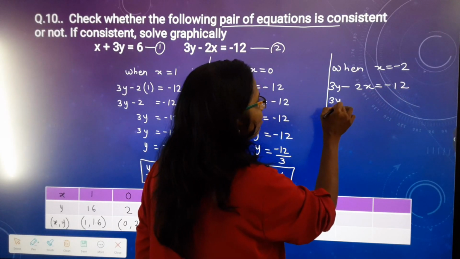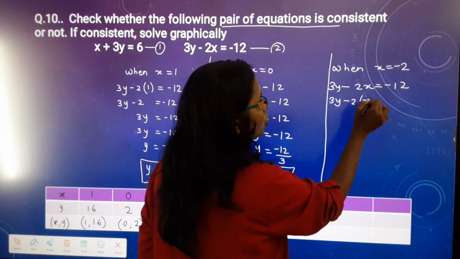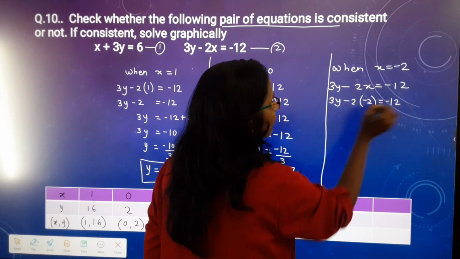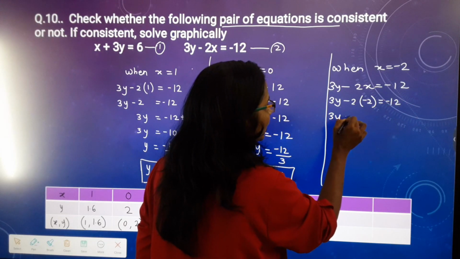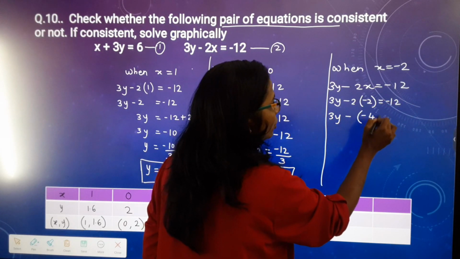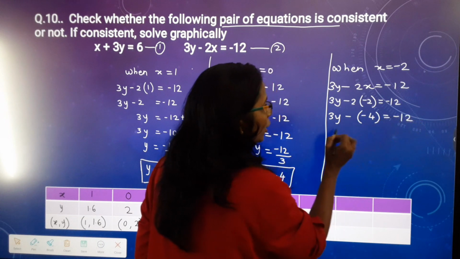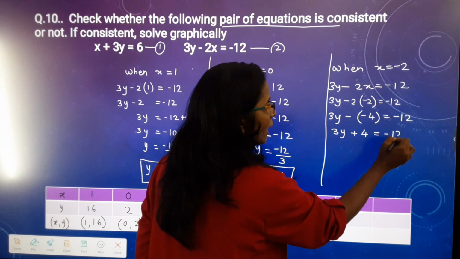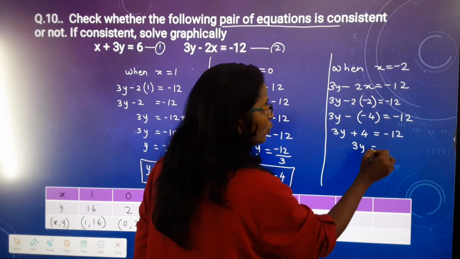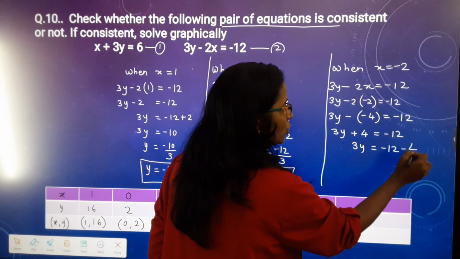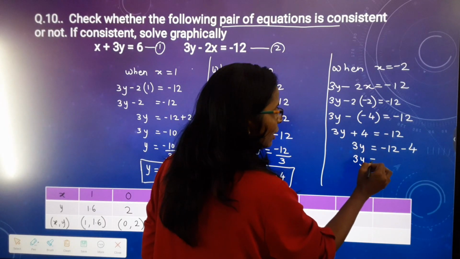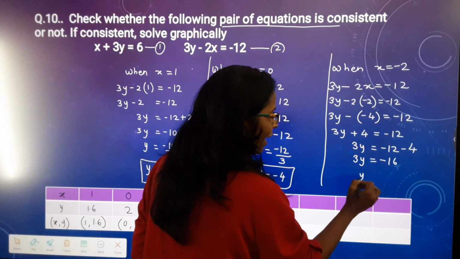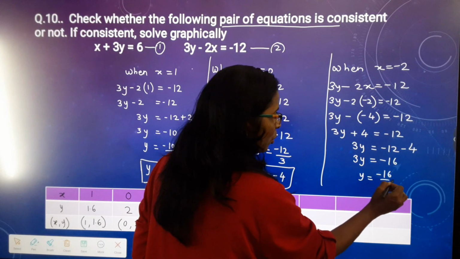That means 3y minus 2 multiply minus 2 is equal to minus 12. So 3y plus 4 is equal to minus 12. So 3y is equal to minus 12 minus 4. So 3y is equal to minus 16. So y is equal to minus 16 upon 3.